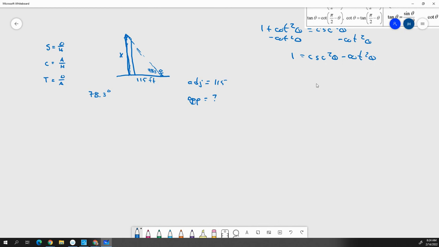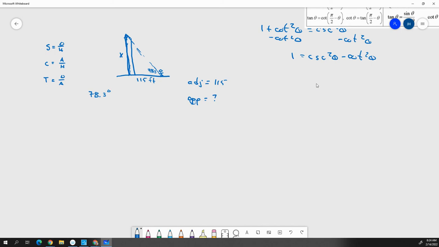So we have to look at this angle and we go, well, based on this, what would I use? Sine, cosine, or tangent? I have an adjacent and I need to find the opposite. Tangent. The one that has adjacent and opposite is tangent.